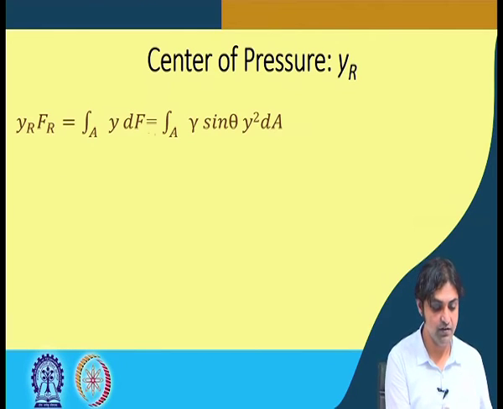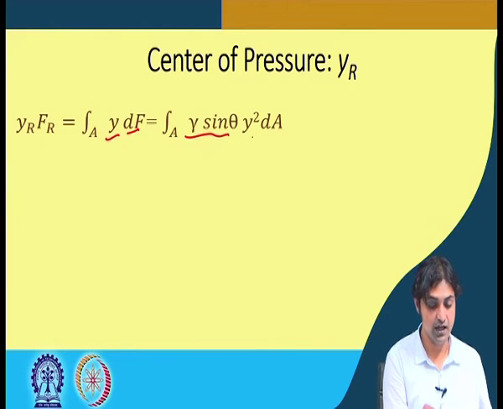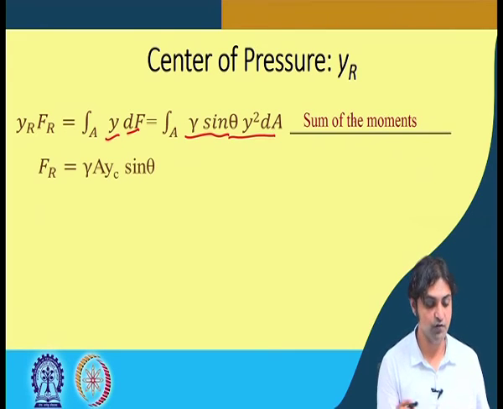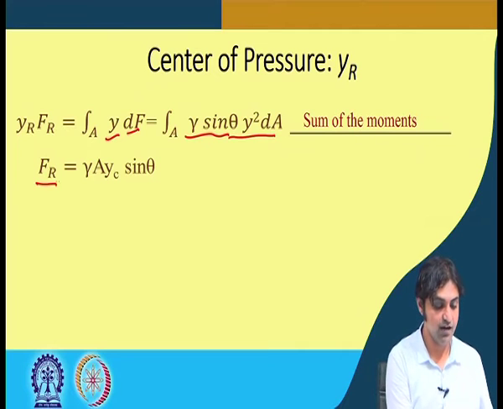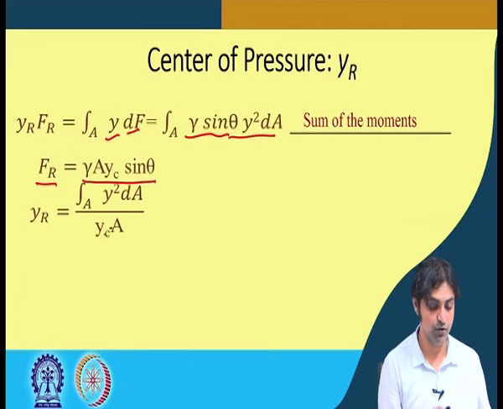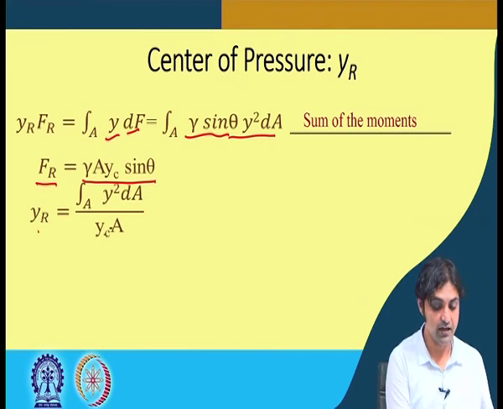So dF can be written as gamma sin theta y dA. Correct. This we have already seen in the previous slide. This is the sum of the moment, where FR was gamma A yc sin theta, that we have seen before. So YR now can be written as integral y squared dA divided by yc into A.